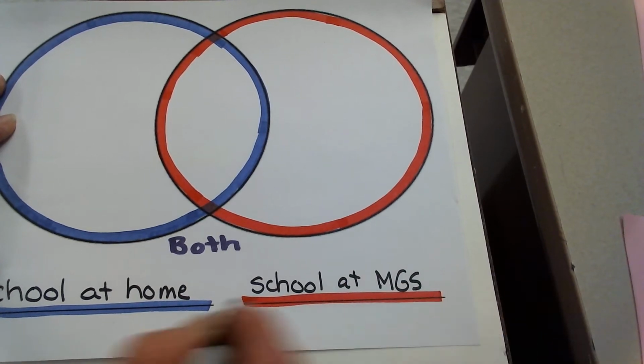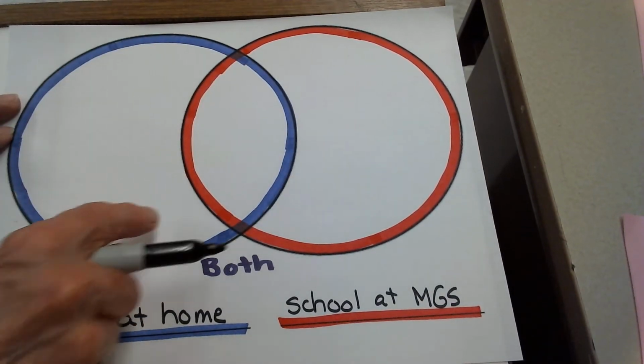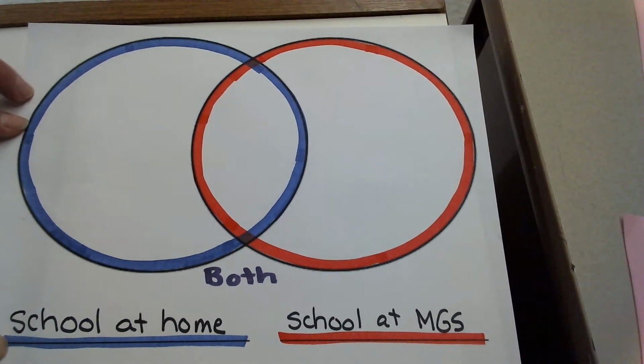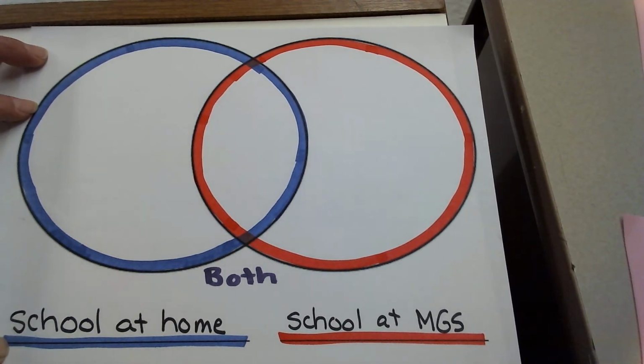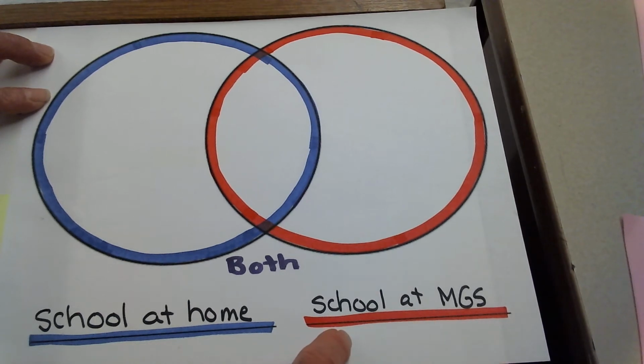Or if you went to another school, it could be that school. So in my blue circle, I have to think of ways that school is now, since we can't come to the school building, is different than ways school is when we can come to the building, like in kindergarten.